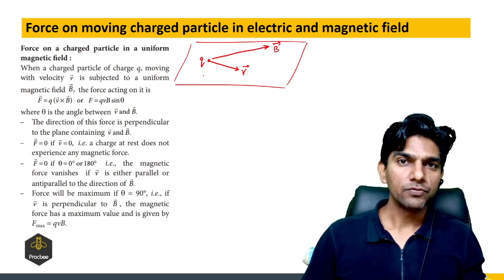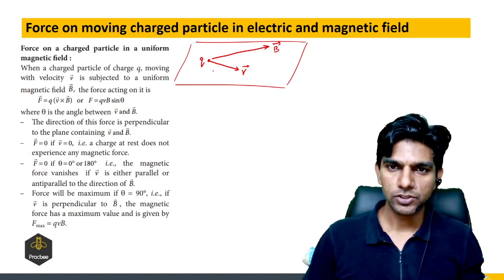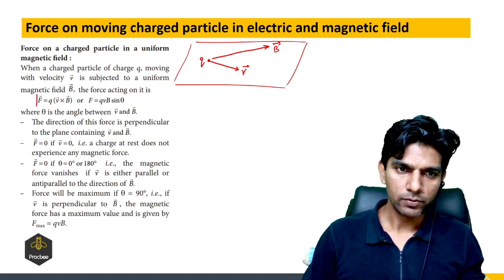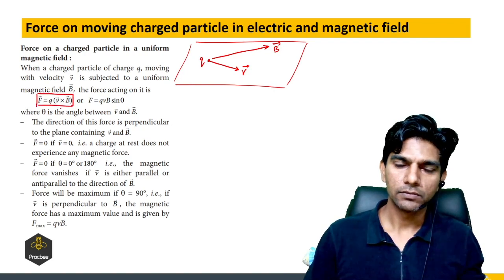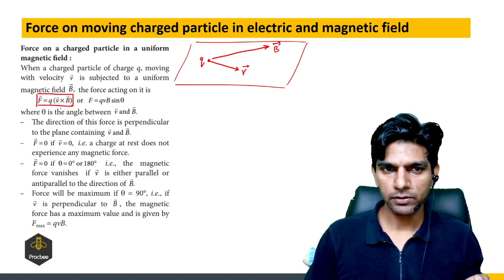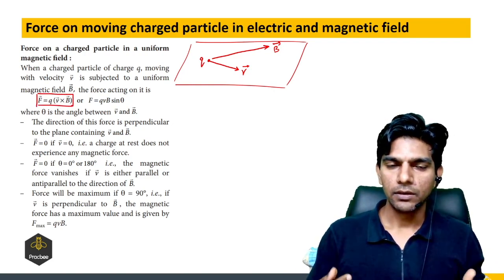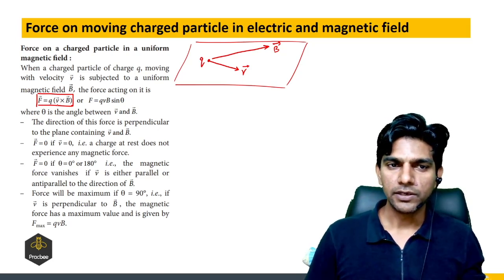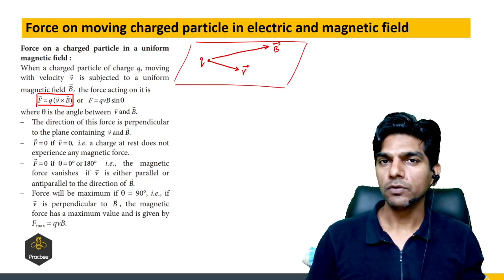So the magnetic force experienced by this charged particle will be given by this formula, which is Q V cross B, right? It is an experimental formula. So with experiments, the scientists were able to figure out this particular formula. So the direction of the force will be along V cross B.